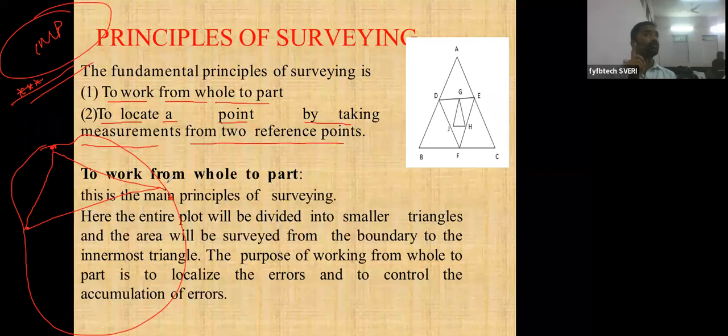That is to work from whole to a part. Whenever there is an area, you divide it into smaller triangular parts. These triangles are called well-conditioned triangles, or equilateral triangles. I will write it here: well-conditioned triangles.